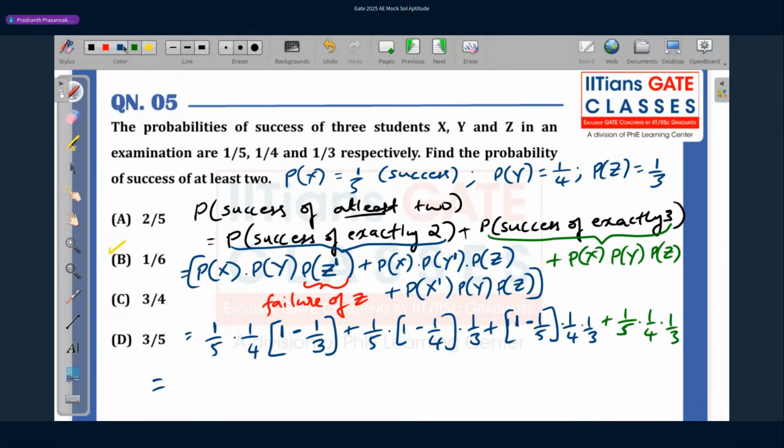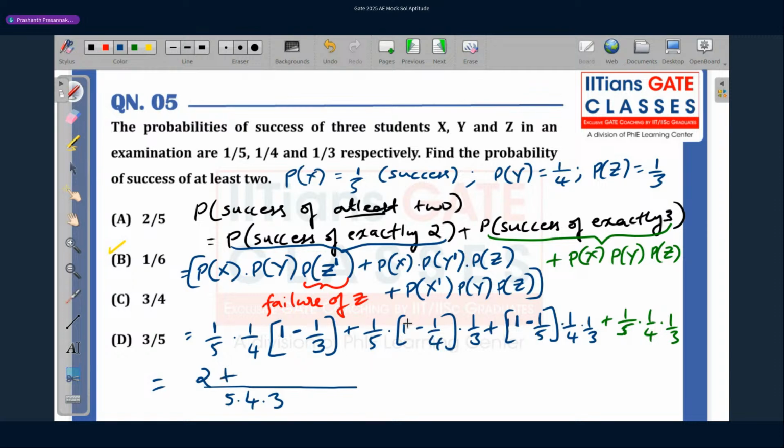So how much does this come to? 1 minus 1 by 3 is 2 by 3. So the numerator will have 2. Denominator is 5 into 4 into 3. Let me keep that as it is.